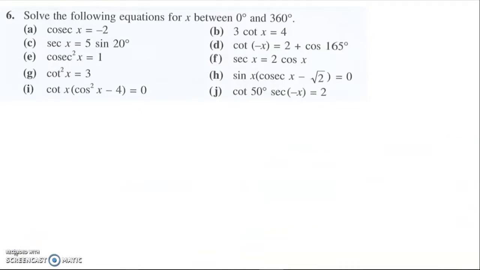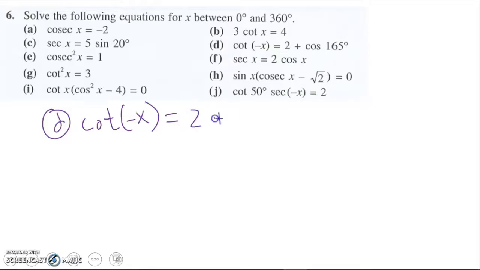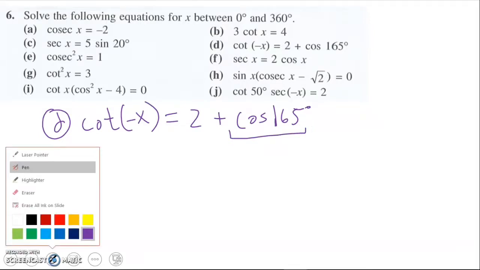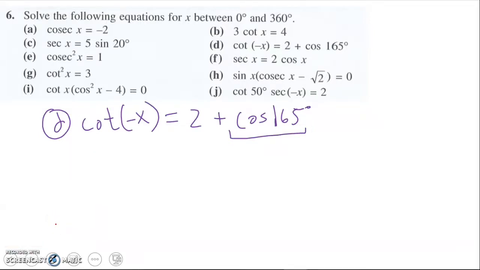Alright, letter D, we have the following. Cotangent, except this is negative x, or negative theta. It's going to go in the opposite direction. 2 plus cosine 165 degrees. Alright, so cosine, let's end up doing this first. Cosine of 165 degrees. Again, we need a calculator for that.